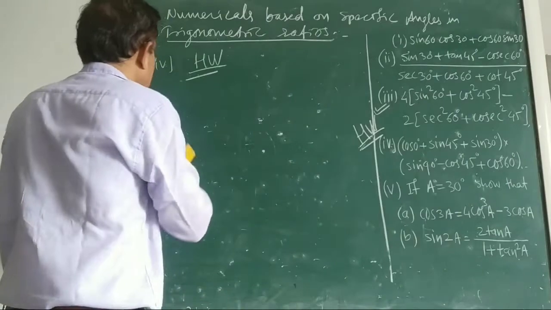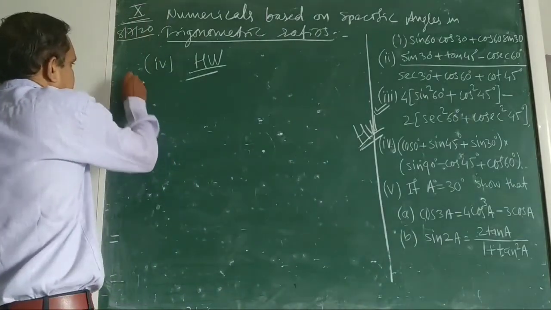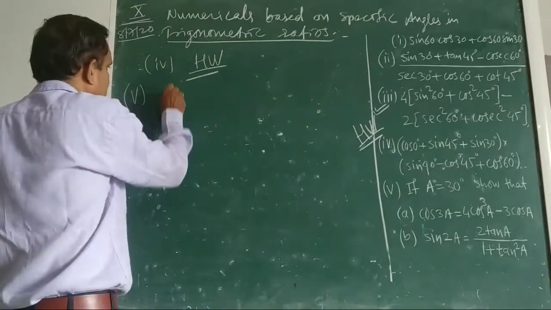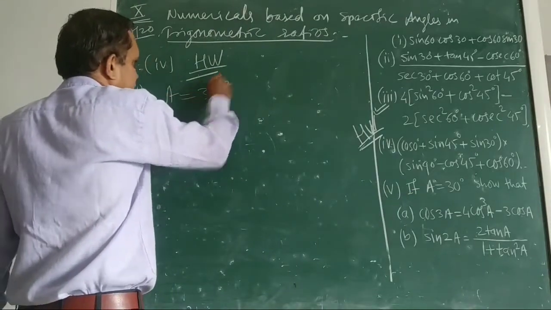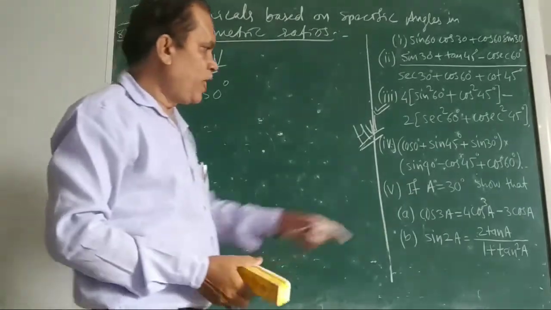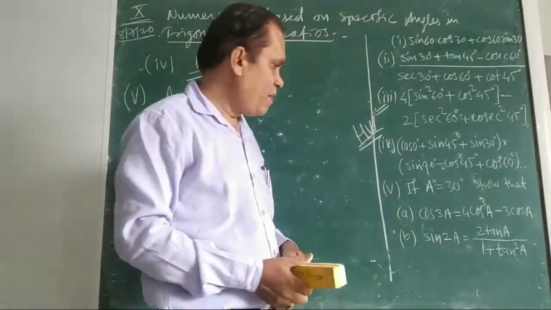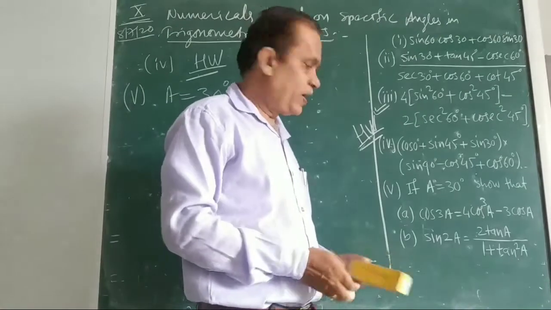Now, fifth part. See. If A equal to 30, you are given A equal to 30 degree. So, show that, A and B are there. So, I am taking the second, B part.